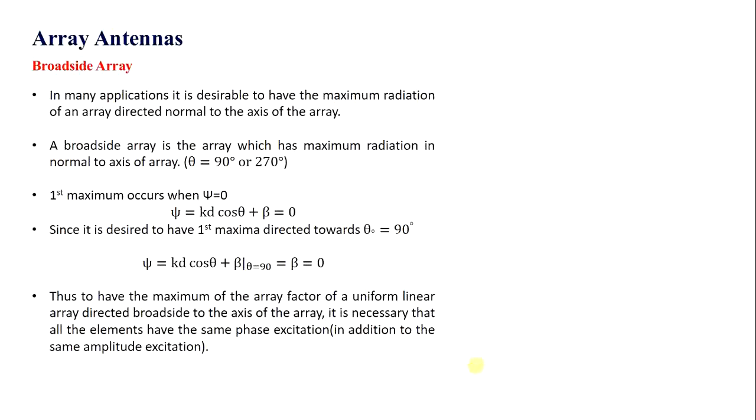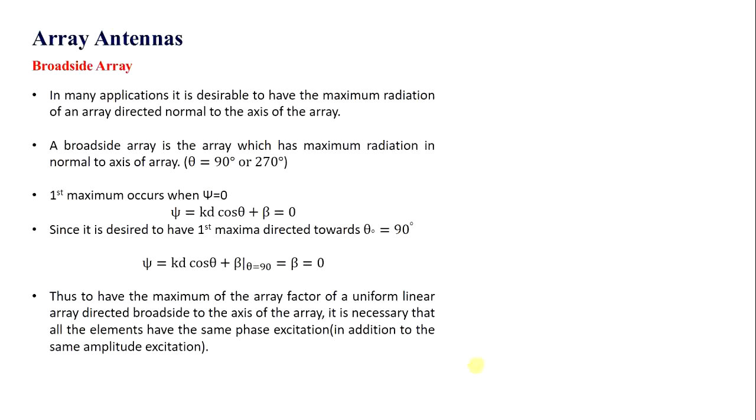That is, if there is an array of antennas along the z direction, then it will have the maximum radiation in directions other than the z direction. Basically, it will have maximum radiation at theta equal to 90 degrees or 270 degrees, which are normal to the z axis.